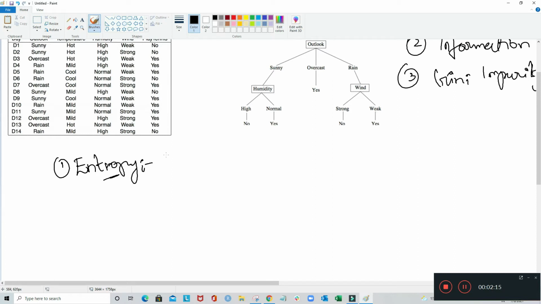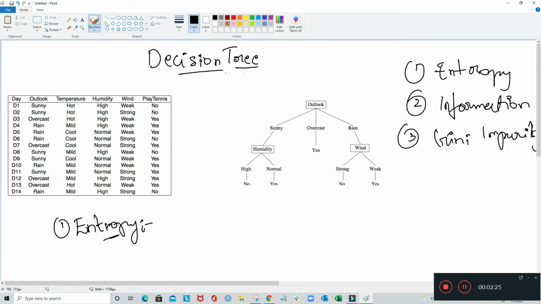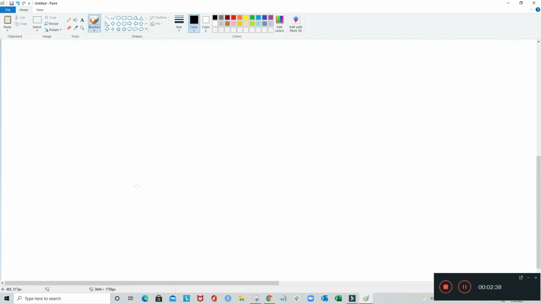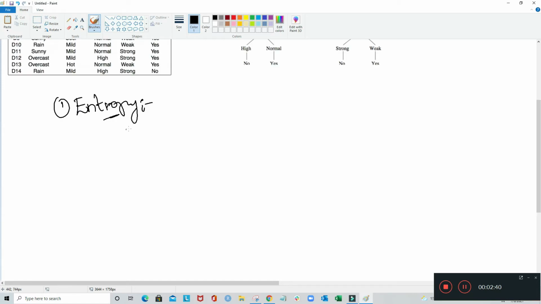Depending on the value of entropy, the feature on which the split has to be done is decided. Like the split over here, as you can see, is on outlook. Why outlook? It could be temperature, humidity, or wind, right? So to decide that, entropy for each feature is calculated, and how it is calculated is as follows.